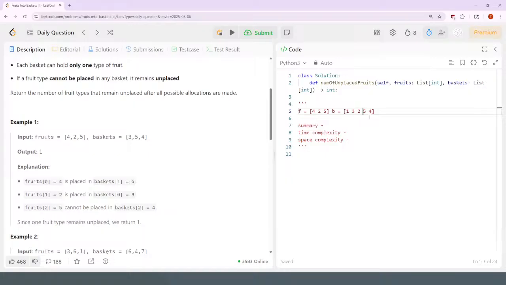When you skip over baskets, you need to know... So if you have a 3 as the first basket that you encounter when you're trying to do 4, that 3 will go to the first number after the 4 that is less than or equal to 3. So that would go to 2.